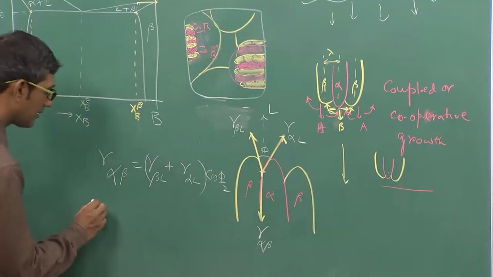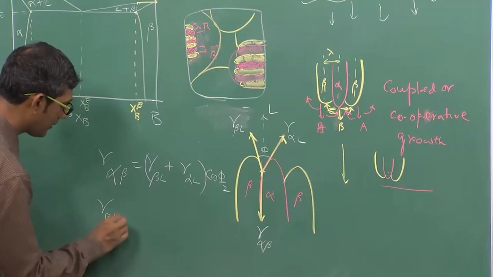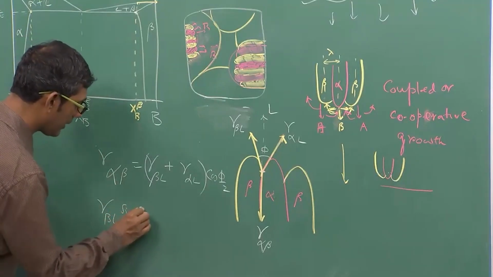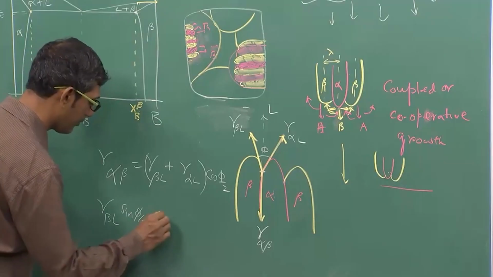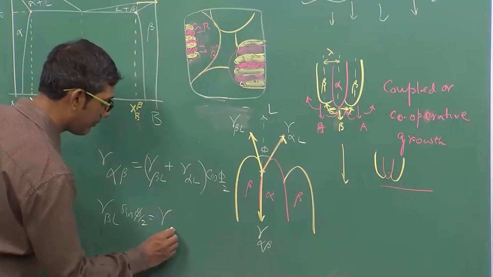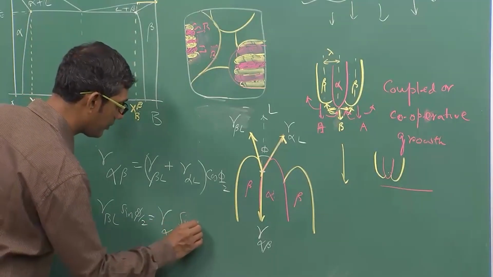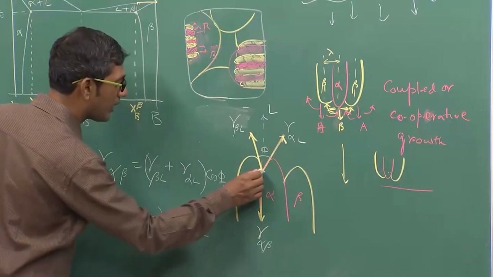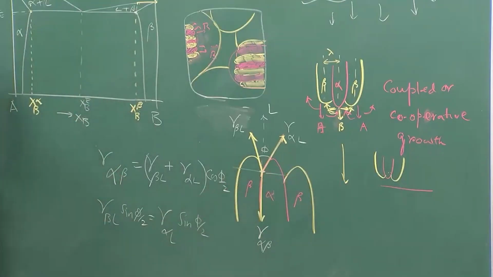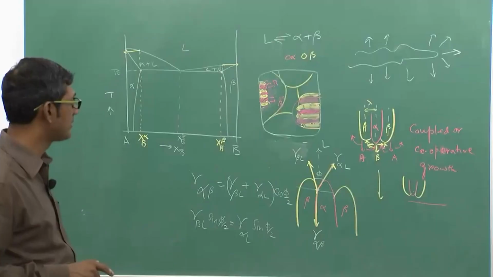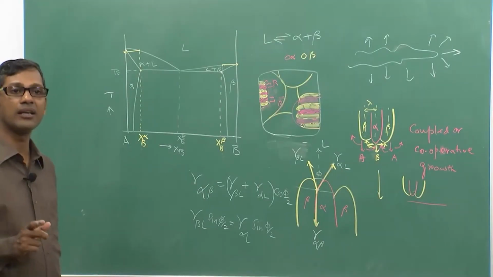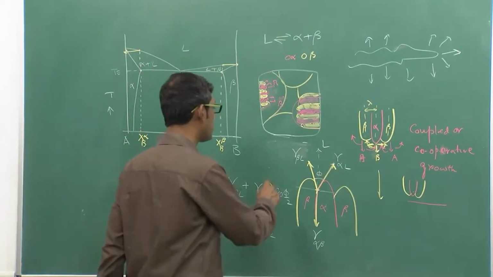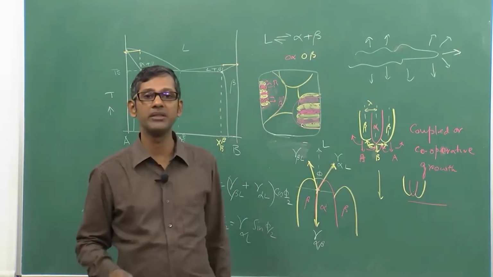Similarly, gamma beta L sin theta by 2 must be equal to gamma alpha L sin pi by 2. These two are the horizontal components. So finally, the balance of these interfacial energies as well as the curvature undercooling determines the actual shape of the interface.